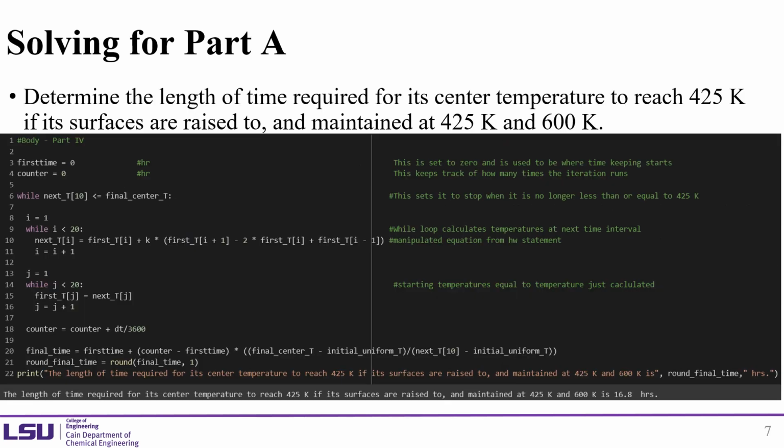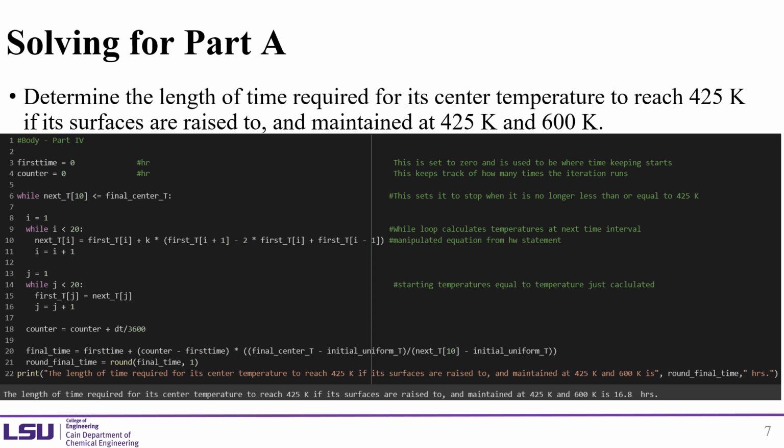This step involves making while loops and incorporating the equation given to solve this problem. We start with creating the variables first time and counter. We then create our first loop, which sets the loop to end when T is no longer less than or equal to 425 Kelvin.